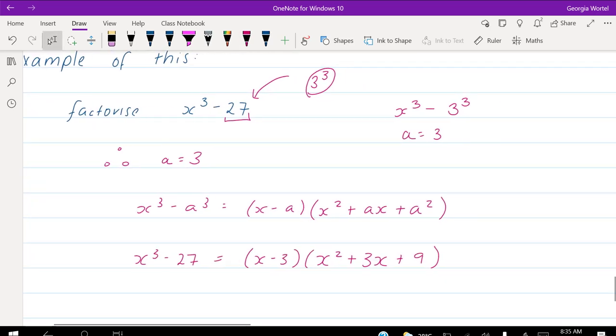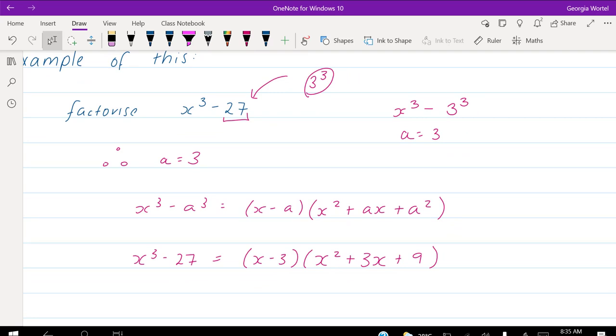Therefore, I have x cubed minus 27, so x cubed minus 3 cubed is equal to subbing 3 for our a value in the rule that we saw above. So there are special cases. They make our life a little bit easier when you have special cases like this, so you don't have to go through the whole process.